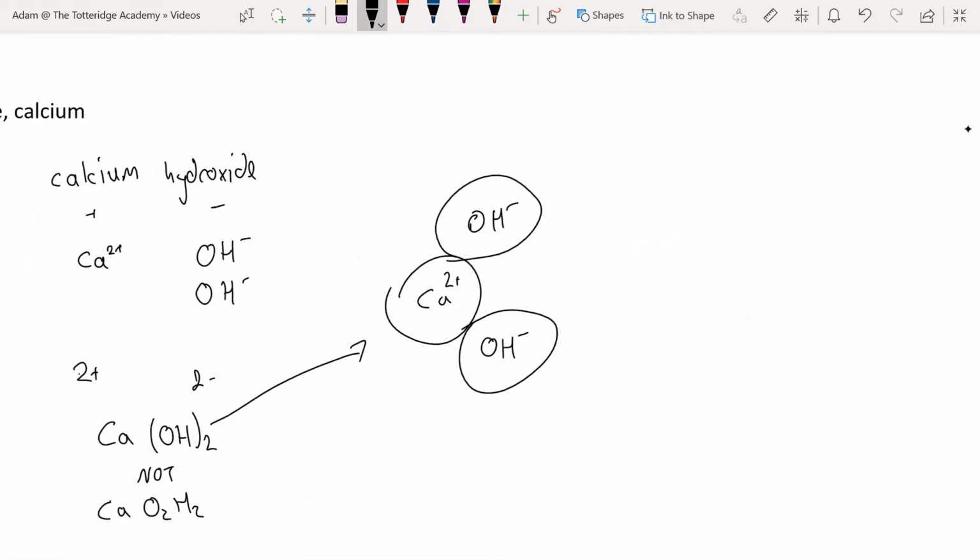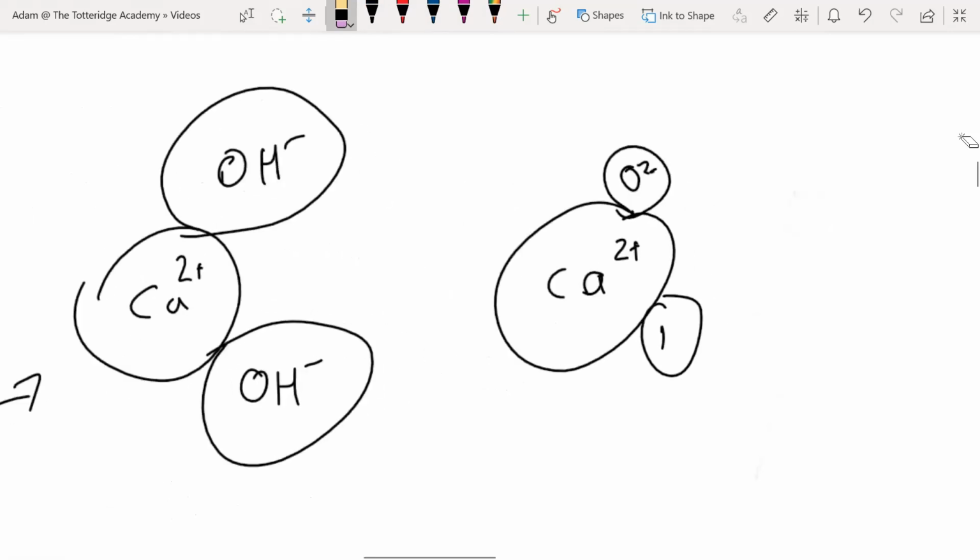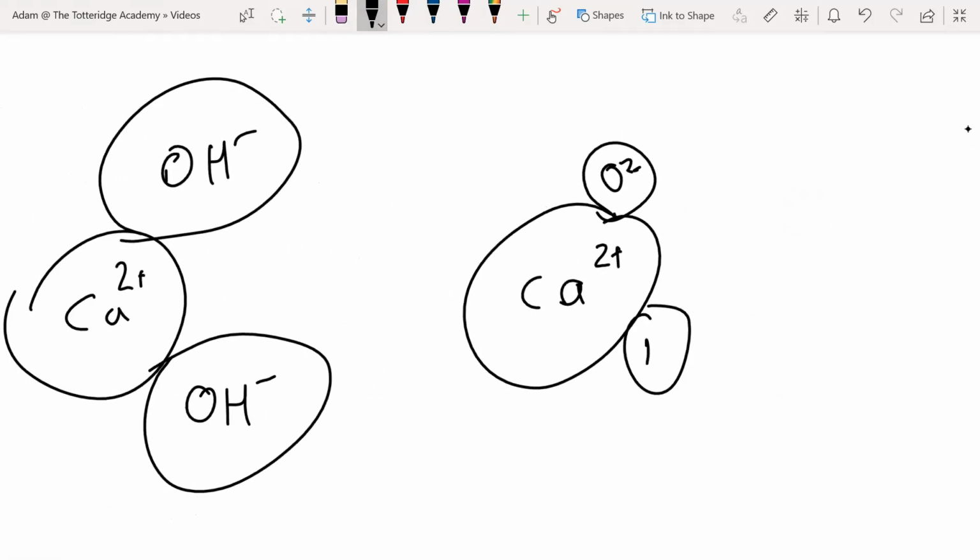This would be something more like where I have a Ca2+ and an O2 minus, and then another O2 minus, sorry, not 2 minus. Make that a bit clearer, sorry. Like an O2 minus like that, and an H plus like that, and an H plus like that, which is wrong.